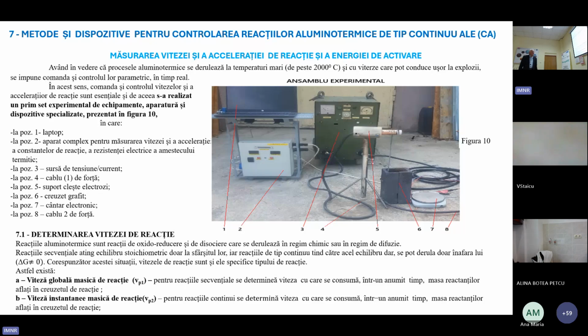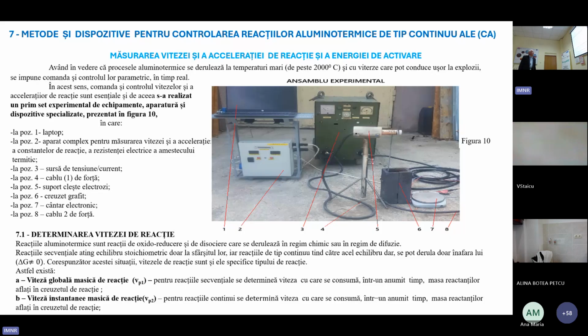Reacțiile aluminotermice de tip continuu sunt reacții complexe, foarte valoroase, dar în același timp și periculoase. Adică, dacă le scăpăm din mână, ușor ajungem la explozii. Se știe că termiturile pot avea atât aplicații civile cât și militare. Eu sunt abilitat să utilizez doar componentele civile.